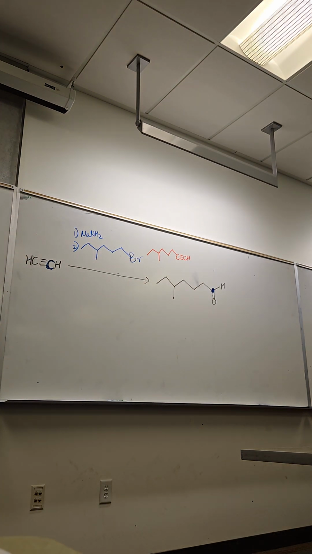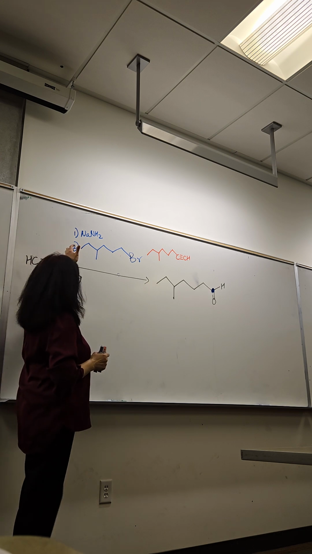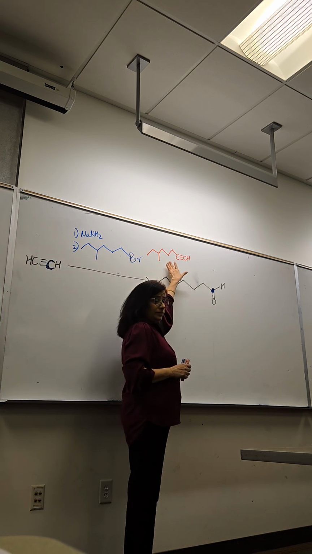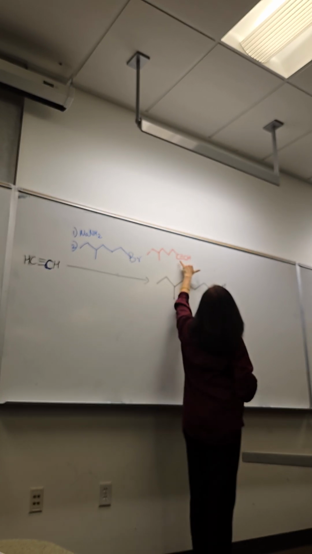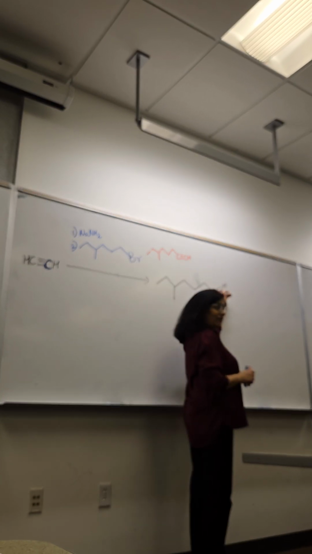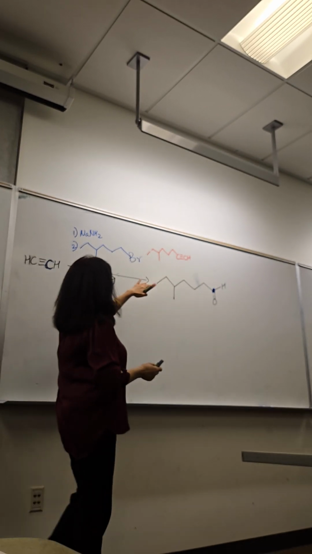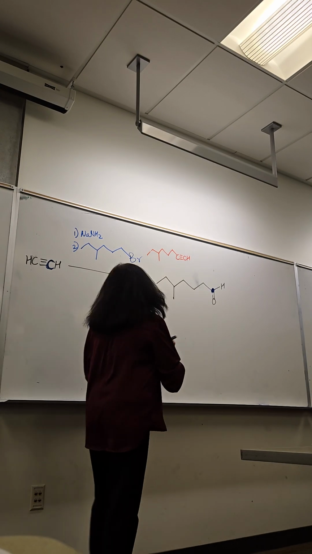So do you agree that if I did steps 1 and 2, we would get this? Yes. And so now we have 8 carbons, but we want only 7. And you were suggesting, Carrie, ozonolysis of an alkene, right? Can we convert an alkyne into an alkene? Yes.